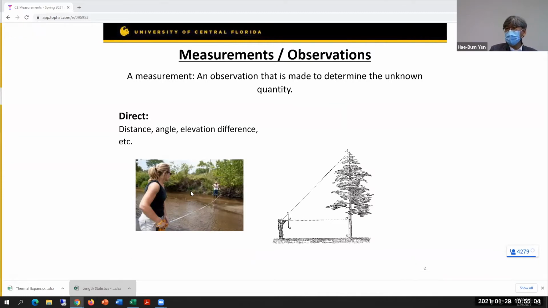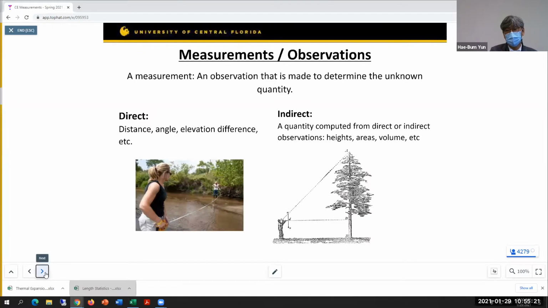Indirect measurement is where we still determine the quantity, but using direct or other indirect measures. For example, an indirect measure is a quantity computed from direct or indirect observations.